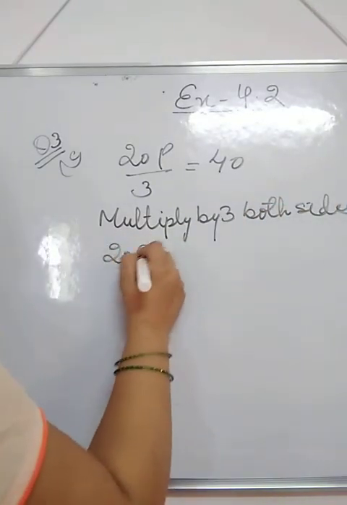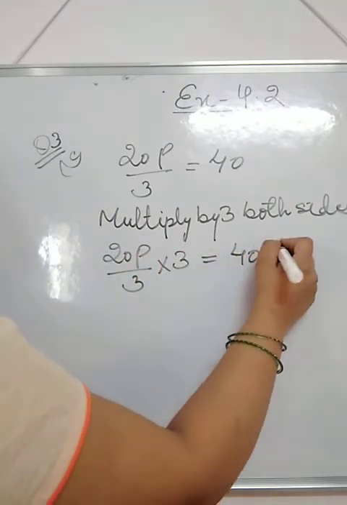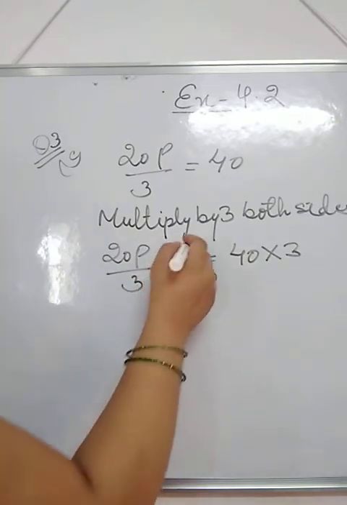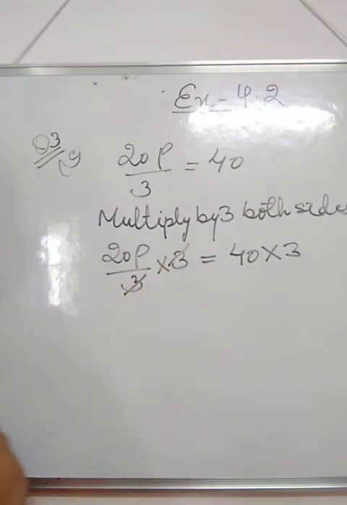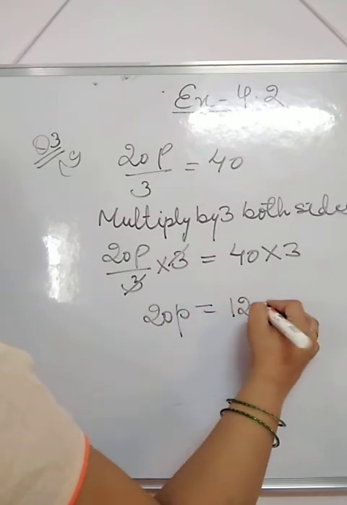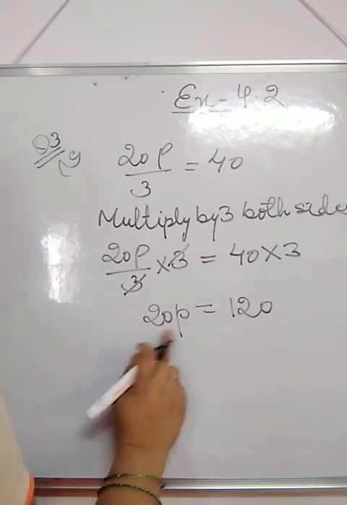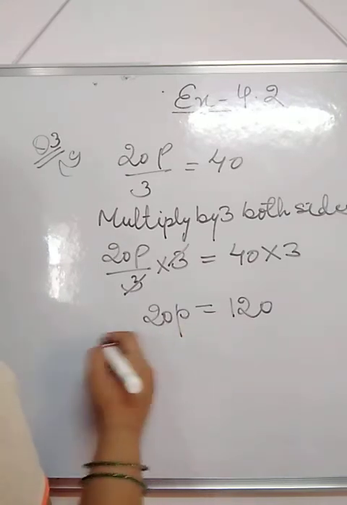Now 20p upon 3 multiplied by 3 is equal to 40 multiplied by 3. Now this 3 is cancelled with this 3. What is left here? 20p. And multiply 40 by 3, that is 120. Now 20 and p are in multiplication with each other.